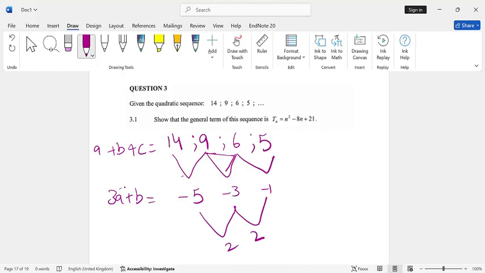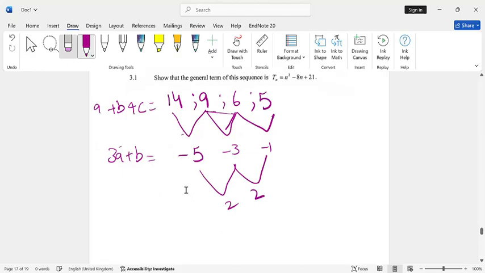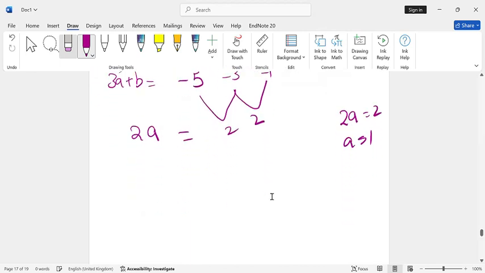These are the differences between them. And I can say that over here, this is the value of 2A, all right? So if 2A equals 2, we can say that A equals 1.